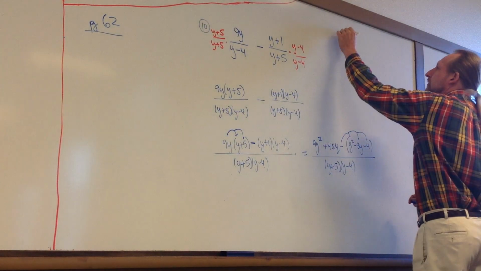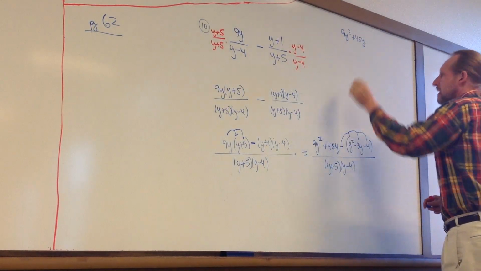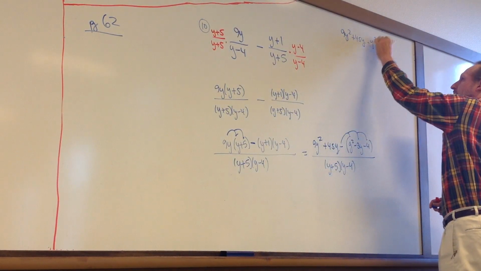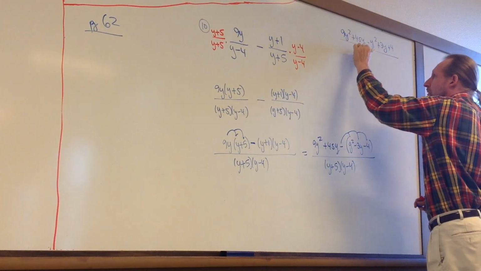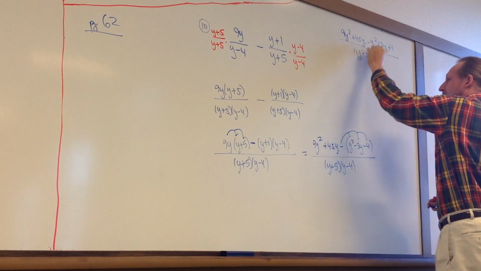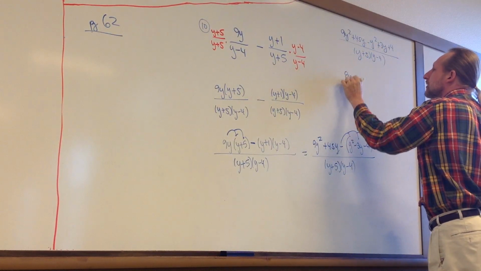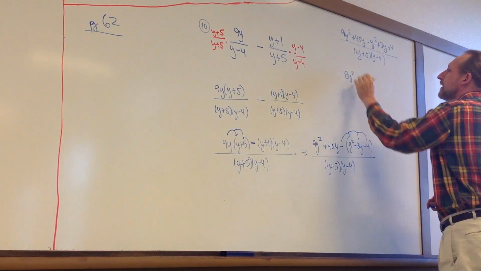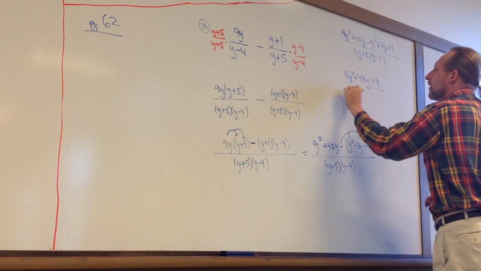So we come out of this with 9y squared plus 45y minus y squared plus 3y plus 4, and then we've got our denominator. Now if we collect our like terms, we'll have 8y squared, 48y, and 4.